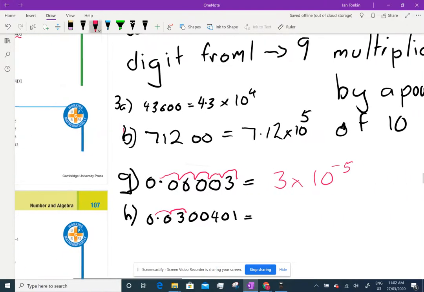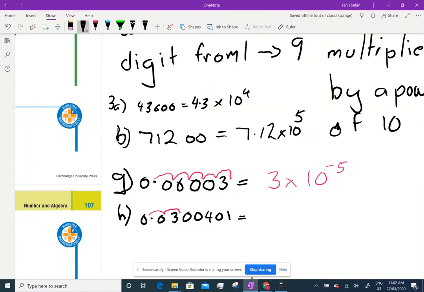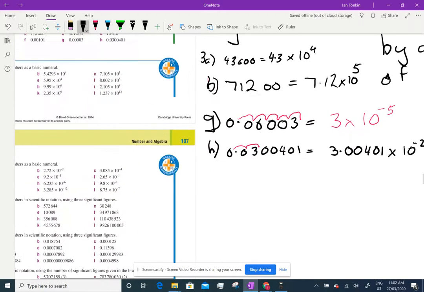All right. So my answer is 3. Now I have to put all these other numbers in because there's a 1 at the end. I've got to put all these other numbers in because I can't just leave them out. And I moved it 2 spots, so times 10 to the power of negative 2. You can't ignore those zeros. They're significant. Okay.